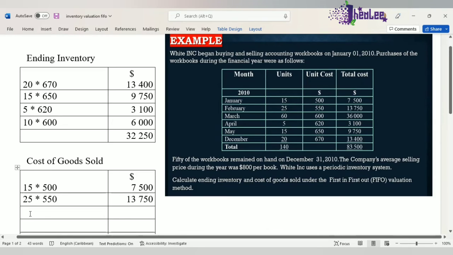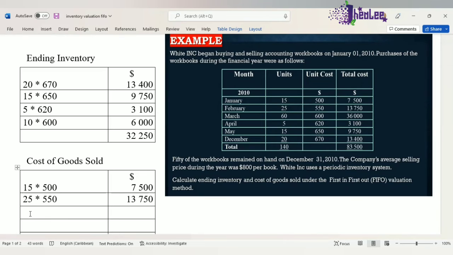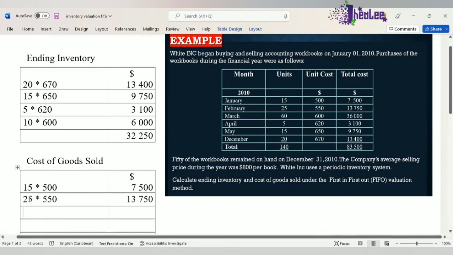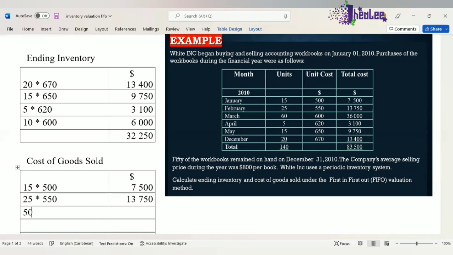We sold from the March set as well, because so far when you check January, that is 15, February added to that would give us just 40. And we have determined earlier that we sold 90 units. So we sold 50 out of the set that was purchased in March.